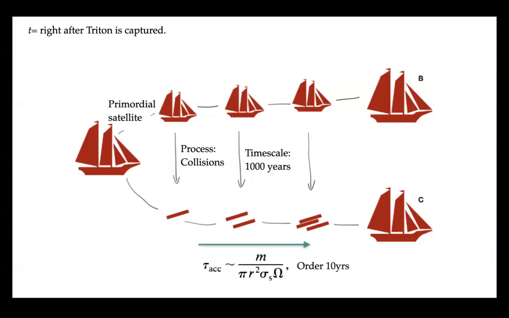And then the question is, how fast out of this material that you take off these ships does it then reaccrete? What is the recombination of the original ship into a new ship? And this accretional timescale is very fast. Once you form this ring of material, you should be reaccreting into small moonlets relatively fast.